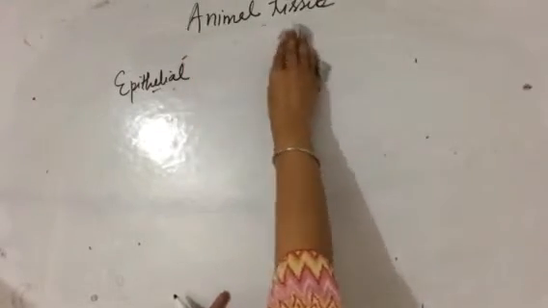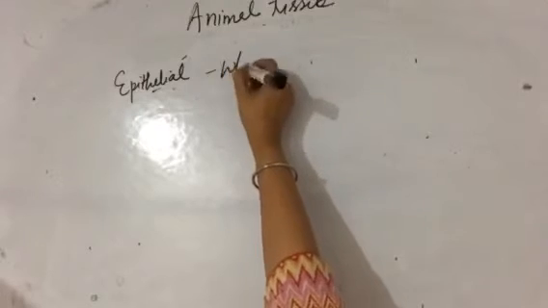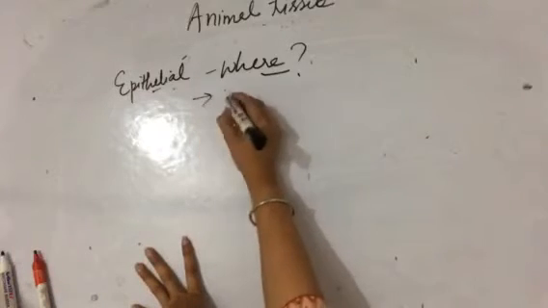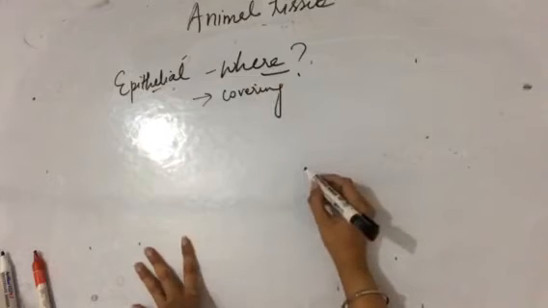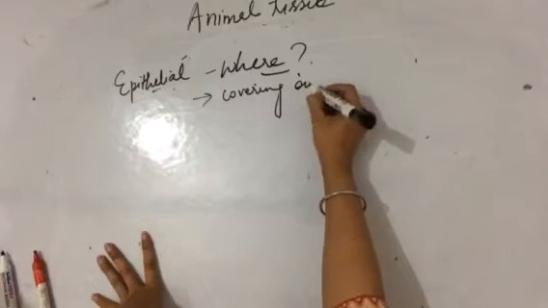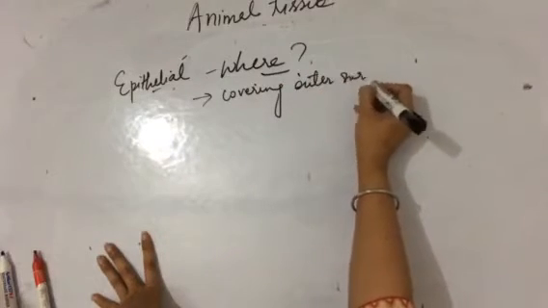Alright. So starting with epithelial tissue, where is it present? It covers the outer surface of your body. It is wrapping up your whole body. Number one, it is covering the outer surface of your body.